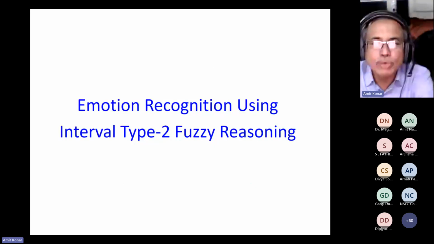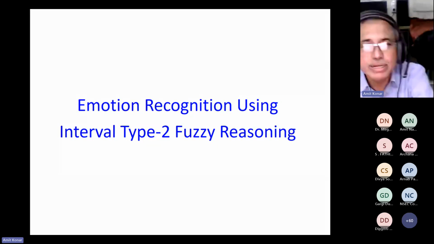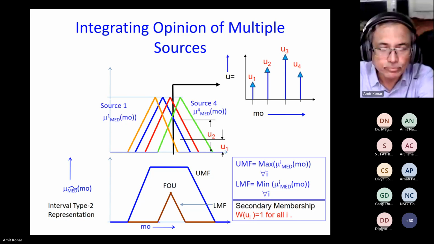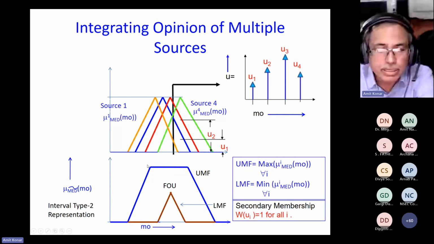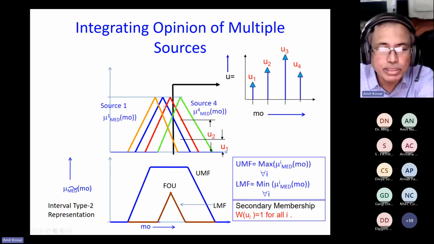Let me discuss what interval type 2 fuzzy sets are, and how they differ from classical type 1 fuzzy sets. In the first slide we discussed that the person's mouth opening was, say, medium. This is the same thing, mouth opening to be medium, only one curve. But suppose I take the opinion of, in this case, 4 people.